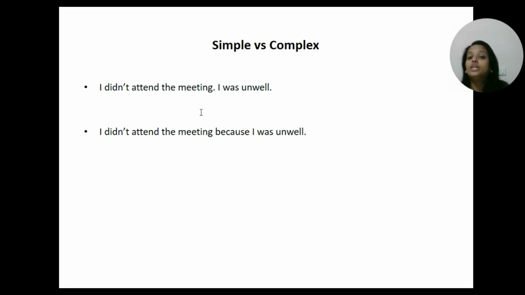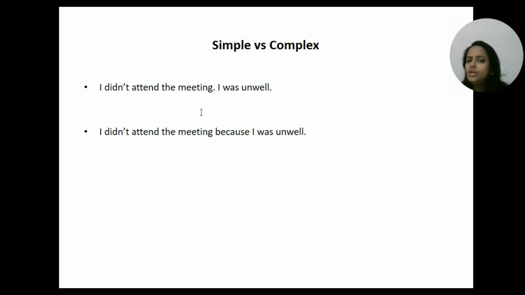But here is an important warning. Do not force complex sentences everywhere. Sometimes simple sentences are better too, right? Sometimes compound sentences are better. So, complex sentences are powerful, but only when used intentionally.